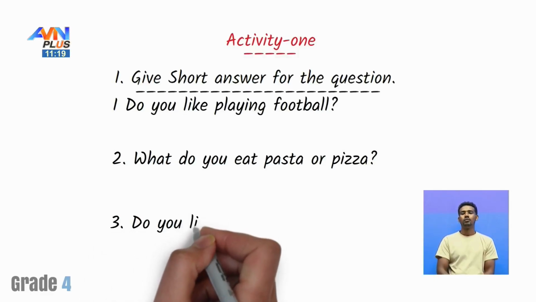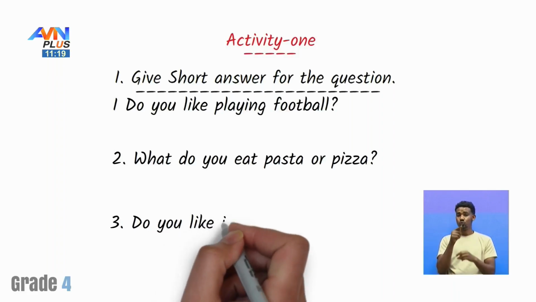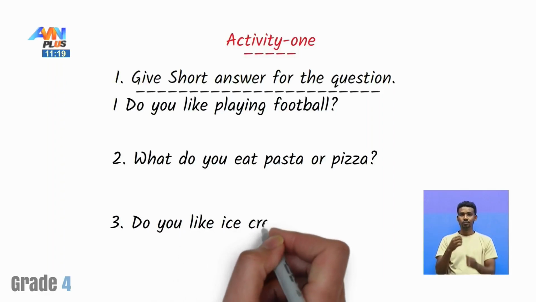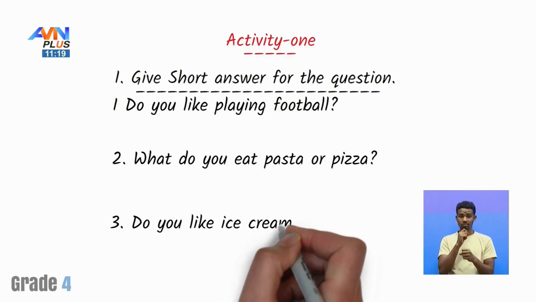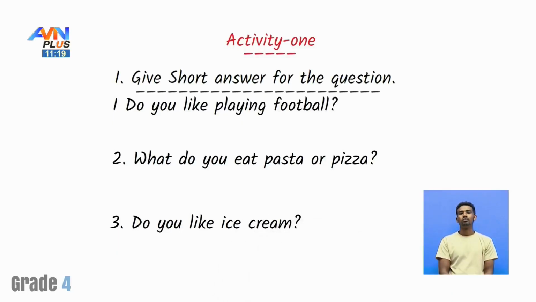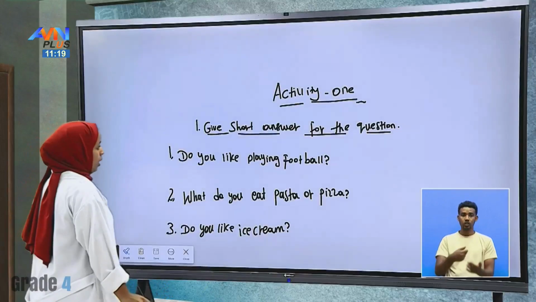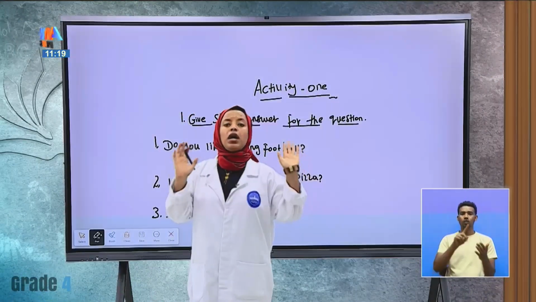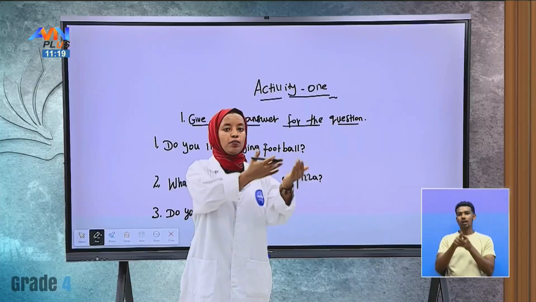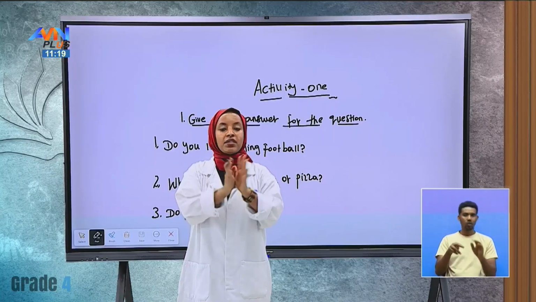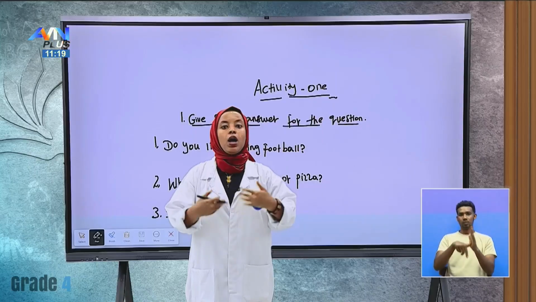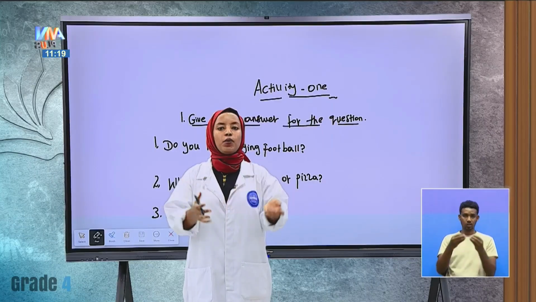Do you like ice cream? Question mark. These questions are a form of interrogative form. You are going to answer whether positive or negative. This is up to you. I'll give you 3 minutes for these questions. I will be here and I'll give you correction and we are going to practice together.